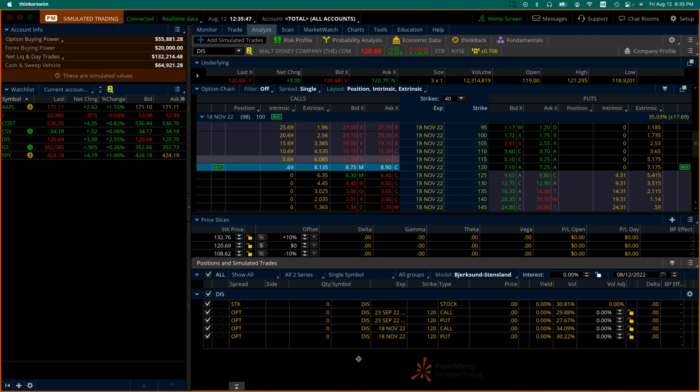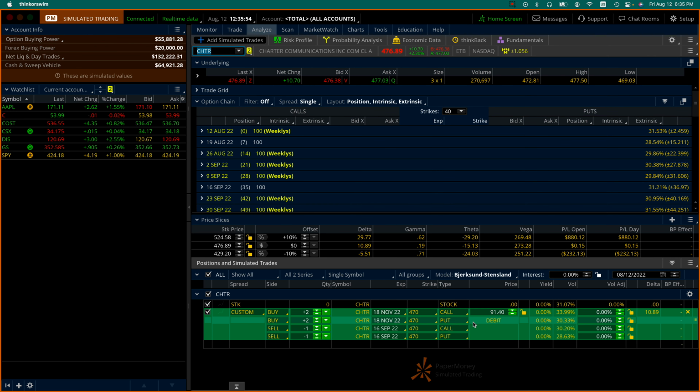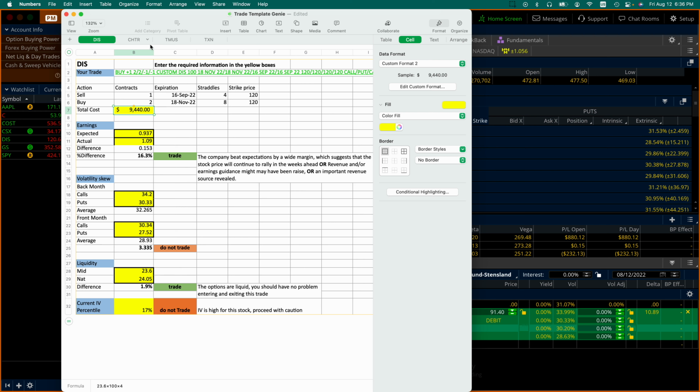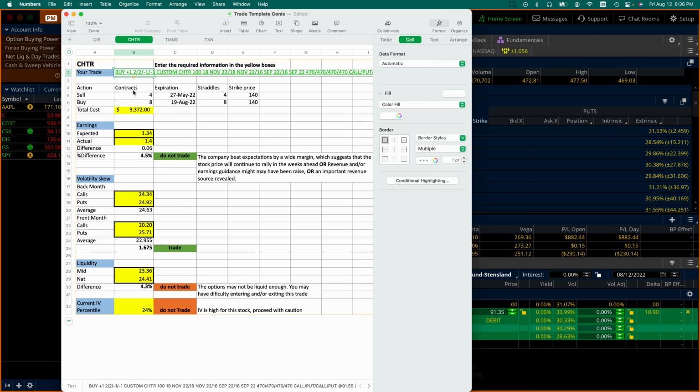Okay, the next one is CHTR, and we're going to do essentially the same thing. Copy the trade here and take it and put it here, paste, and look at the price. It's 91.4. So guess what?